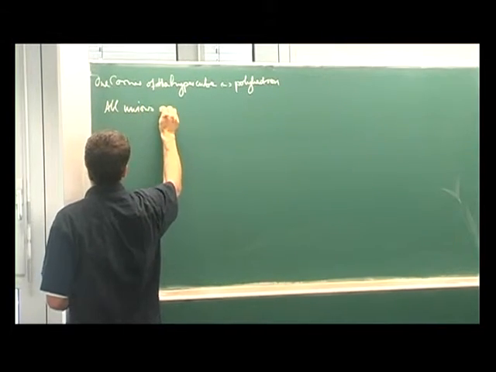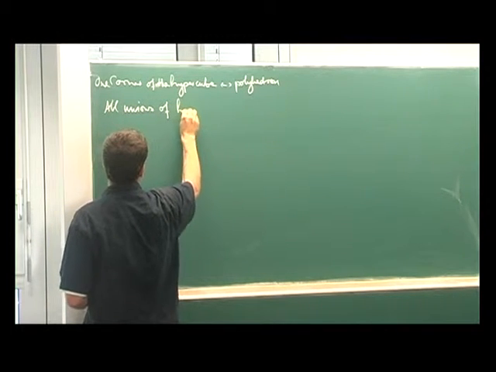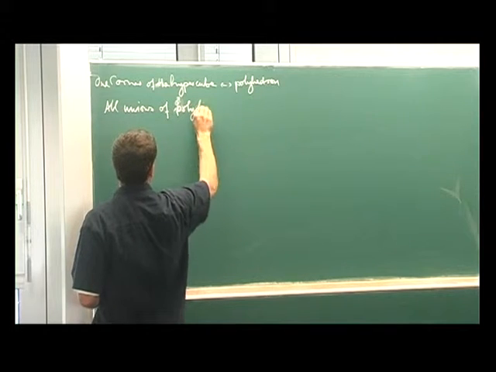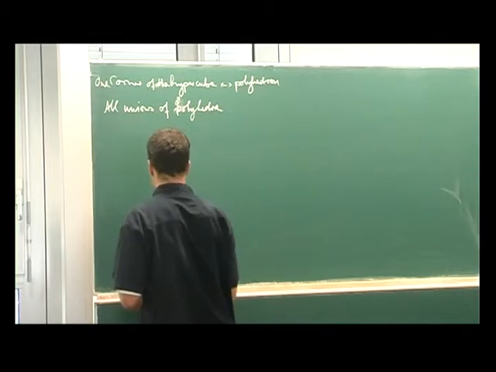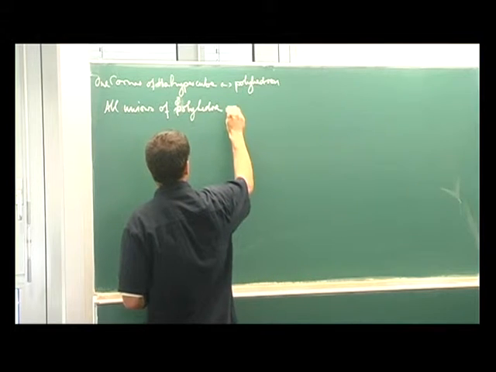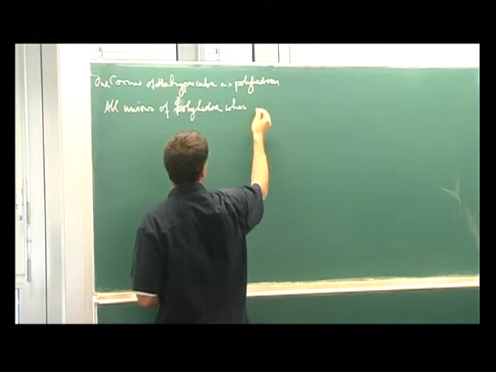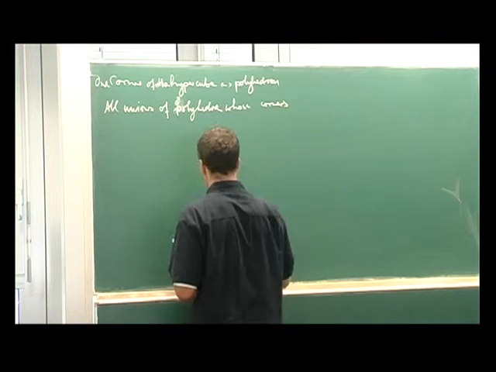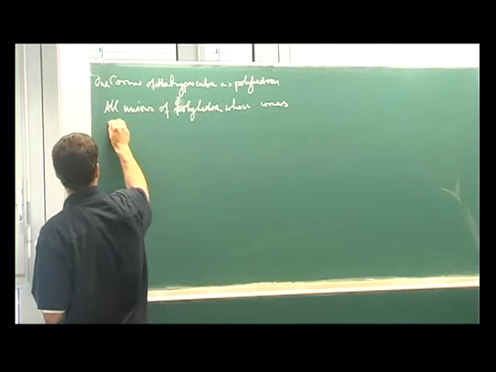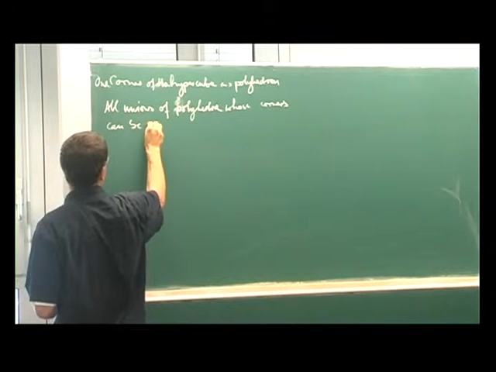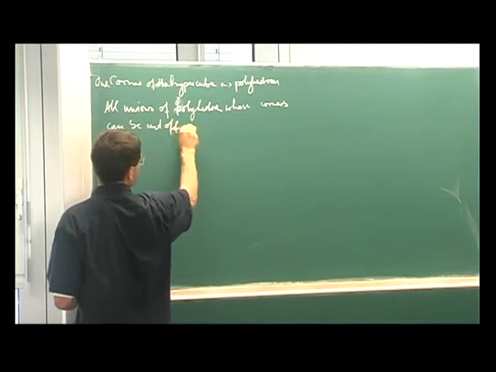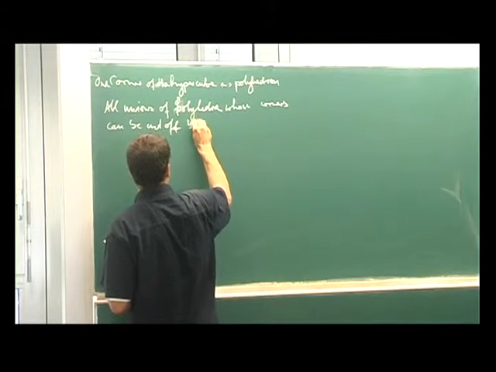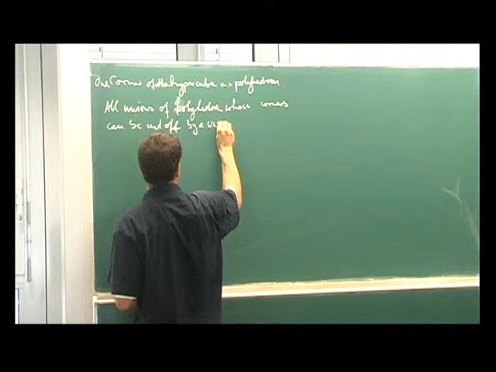So in other words, all those unions of polyhedra whose hypercube corners can be cut off from the rest of the hypercube by a single plane.